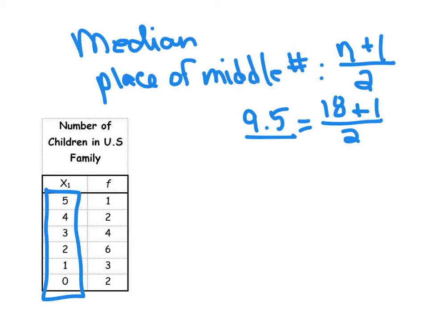So if I go 2 plus 3, that's 5, right? If I go plus 6, so I'm going to highlight here. 2 plus 3 is 5. And then if I add 6 to that is 11. So that's 11 counting up from the lowest to the highest.